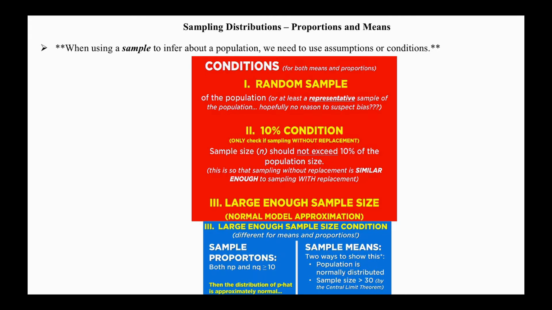So first thing we have to do is when we're working with a sample. In the question, they tell us, hey, we took a sample of 30 students, a sample of 100 adults, a sample of 50 bottles of soda. Anytime they tell us this data comes from a sample, we have to make some assumptions about the population.